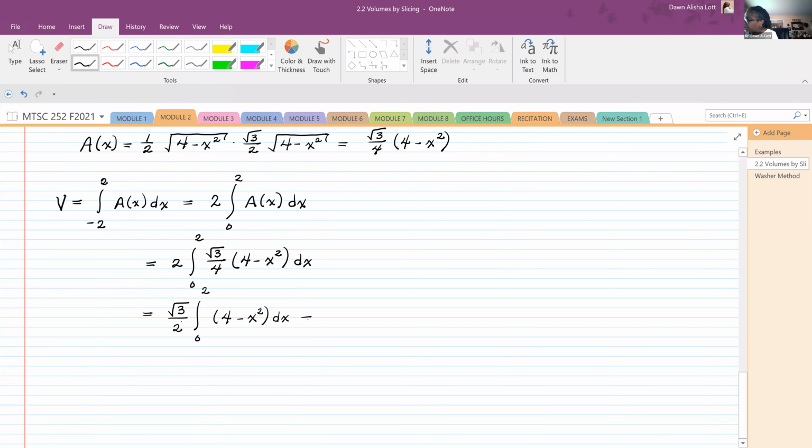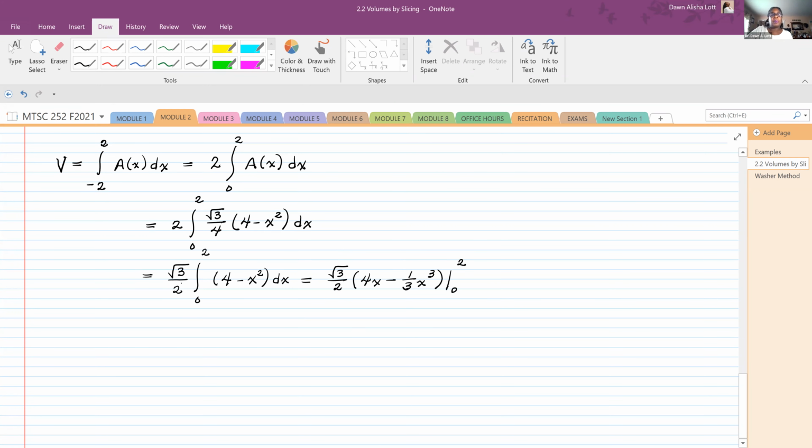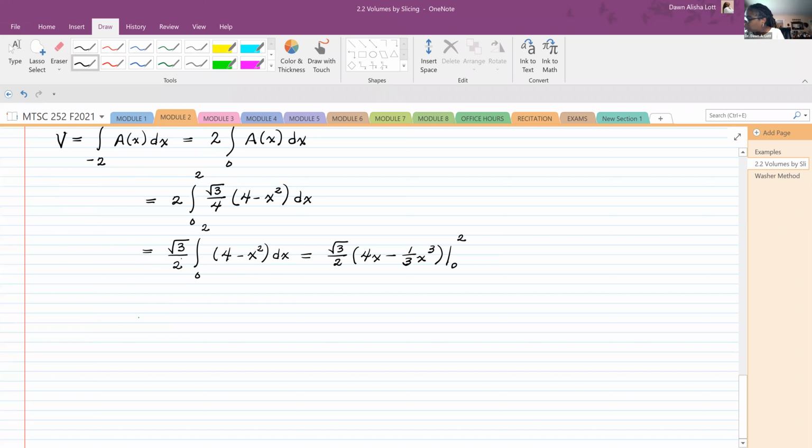So when I find the antiderivative, I'm going to get the root of 3 over 2 times 4x minus 1/3 x cubed, evaluated between 0 and 2. So I get the root of 3 over 2. I'm going to put in 2, so I'm going to get 8 minus 8/3.